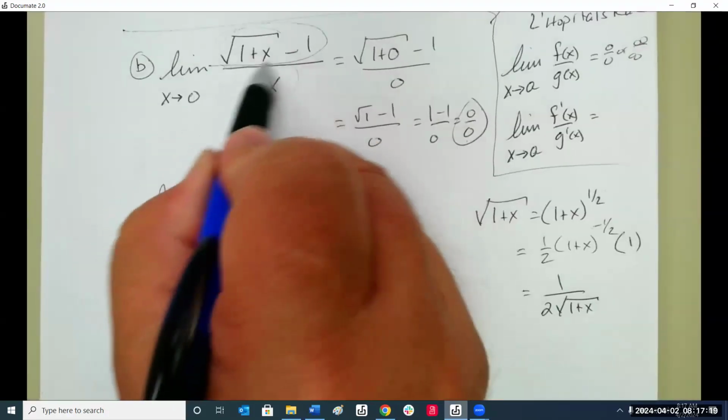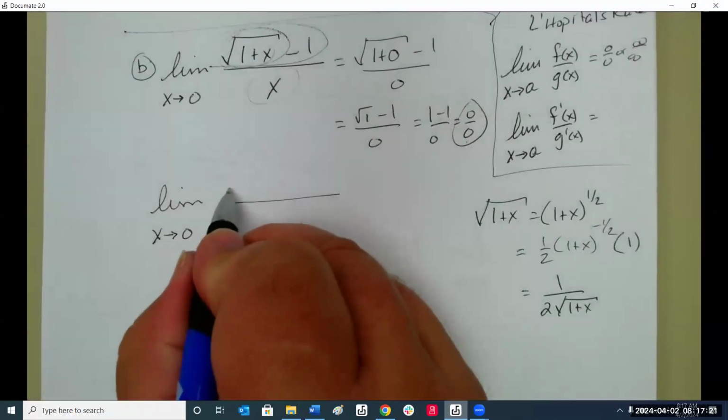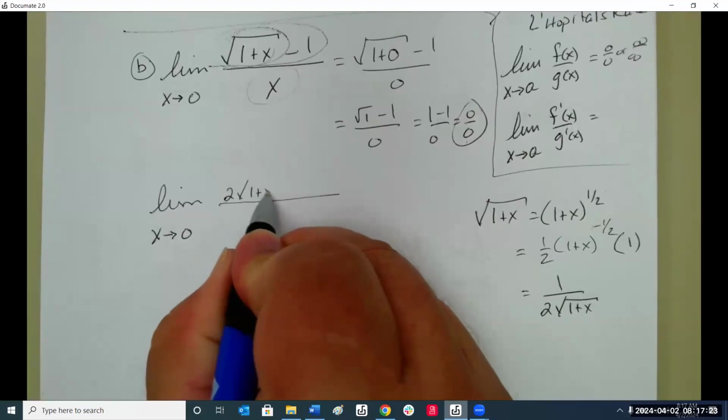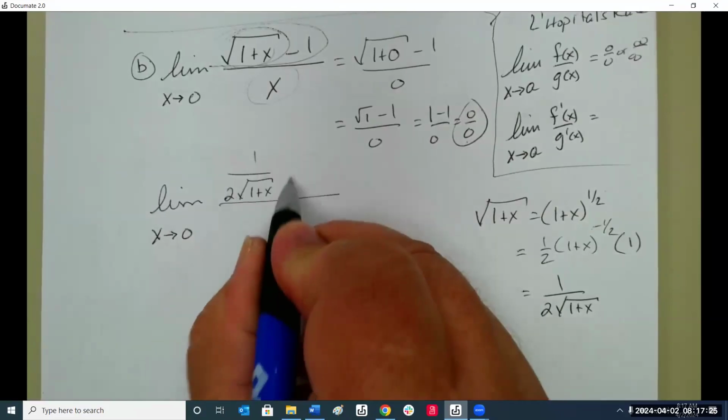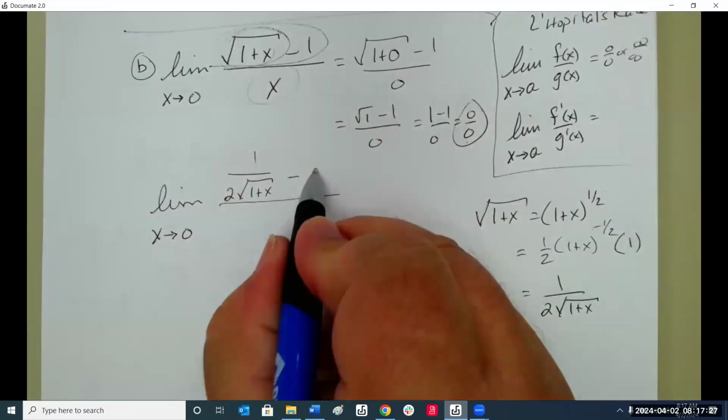So that's the derivative of this first term. The derivative of 1 is 0.